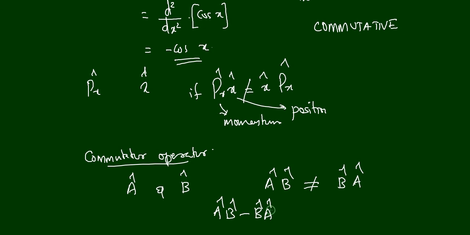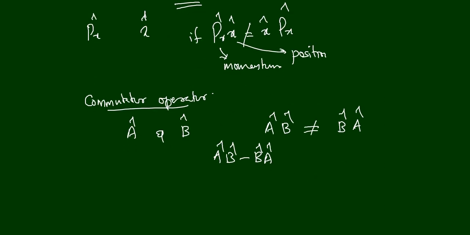Non-zero means the operation of this combination will not let the function be zero. So a cap b cap minus b cap a cap is an operator. We put it in square brackets, and this operator is called a commutator operator.